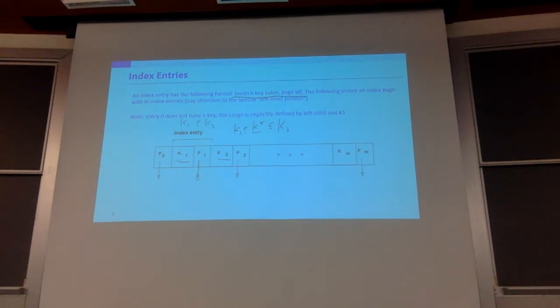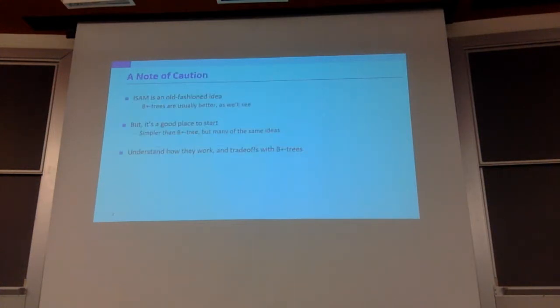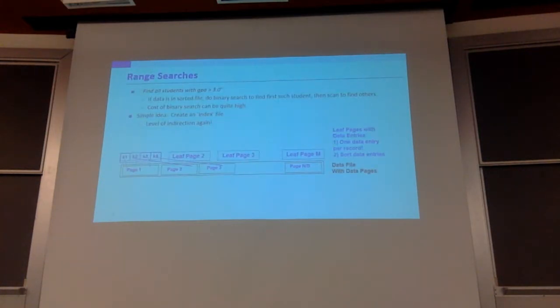But let's see how we actually construct these index entries and how we use them in ISAM. The basic idea is that initially you have a bunch of key pages like this. So basically this is the data file with the key pages. And at one level above here, you can build a bunch of data entries. As we talked about, an index is basically a collection of data entries.